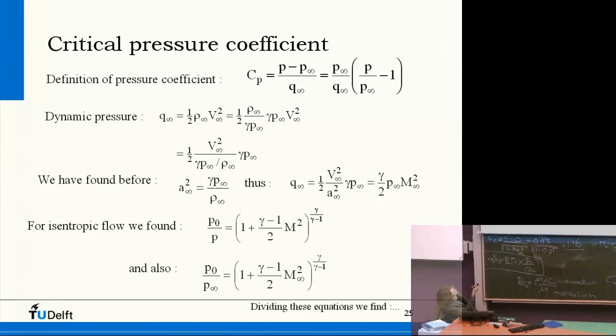And then this portion is actually gamma P over rho, 1 over. You see it? So in that bit I have rho infinite over gamma P infinite. Well, A squared is gamma P over rho, so rho divided by gamma P is 1 over A infinite squared, right?